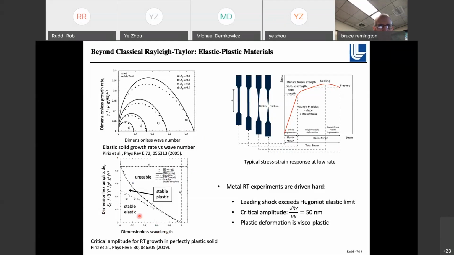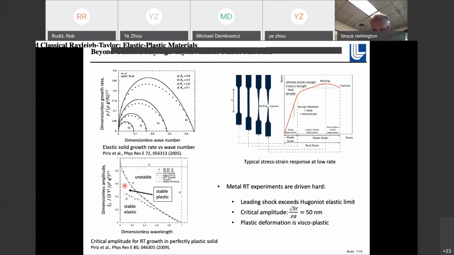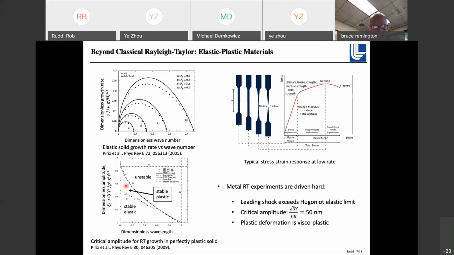So for sufficiently small amplitude and a sufficiently short wavelength, it's an elastic response and the system is stable. If the amplitude's a bit greater, but still the wavelength short enough, the system is still stable against Rayleigh-Taylor growth, but it's now undergoing plastic deformation.